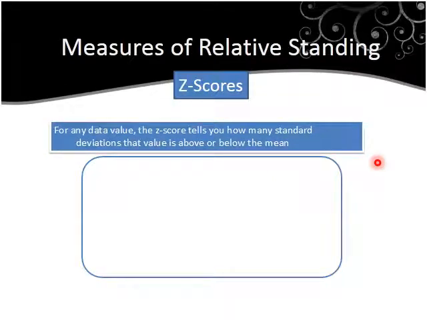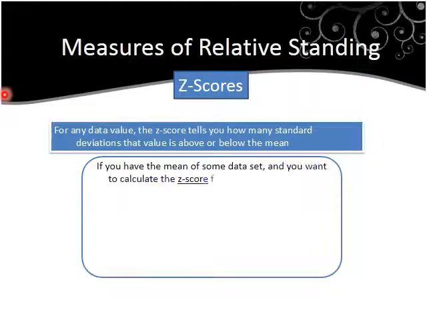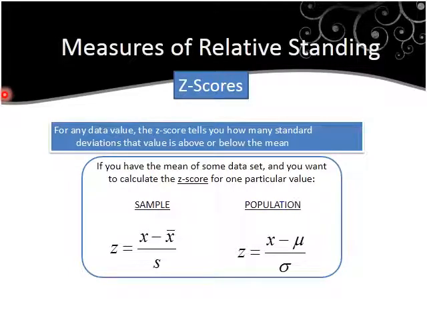We first need to talk about this idea of a z-score. For any data value, the z-score tells you how many standard deviations that value is above or below the mean. So if we know the mean of some data set and we want to calculate the z-score for one particular value, the z-score for a sample is calculated by taking that data value, subtracting the mean, and then dividing by the standard deviation of the set.